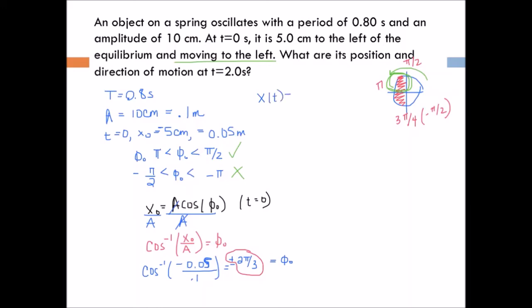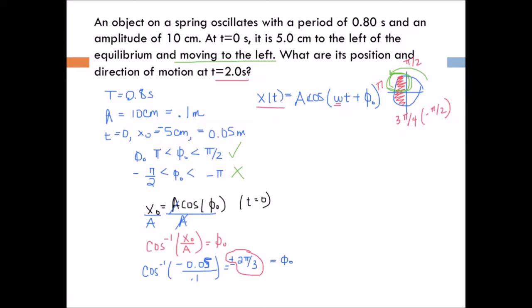So going back to our original function, once I know the last piece of information, which in this case is omega, I can plug in t equal to 2 seconds and get my position at 2 seconds.